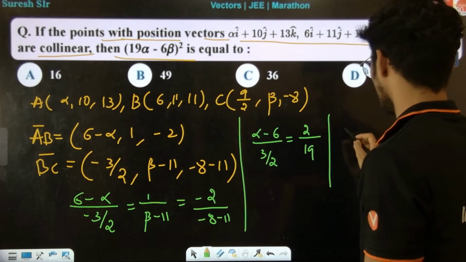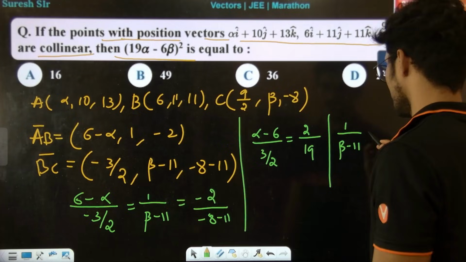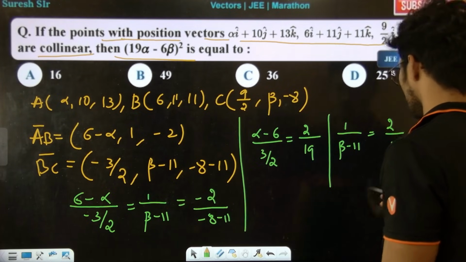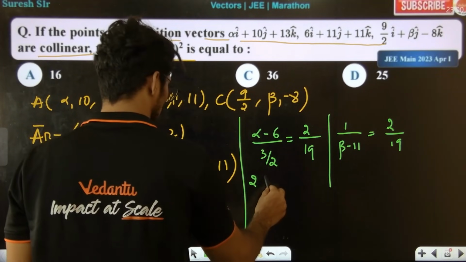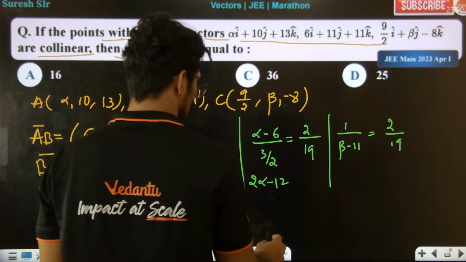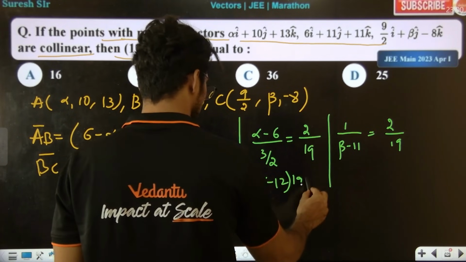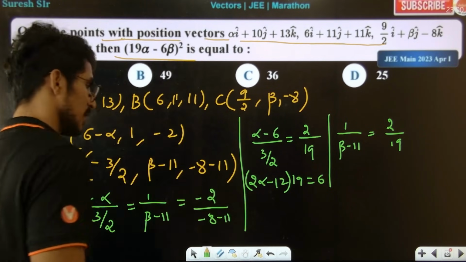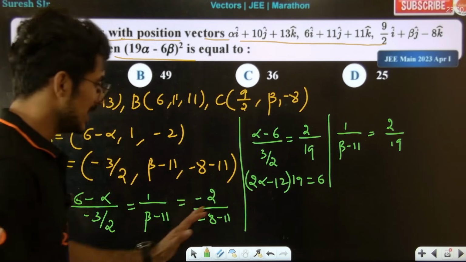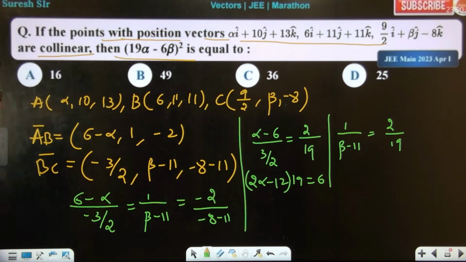So 1 by beta minus 11 is equal to 2 divided by 19. So 2 alpha minus 12 into 19 is equal to 6. You agree? So if I simplify this, what am I going to get? 38 alpha minus.